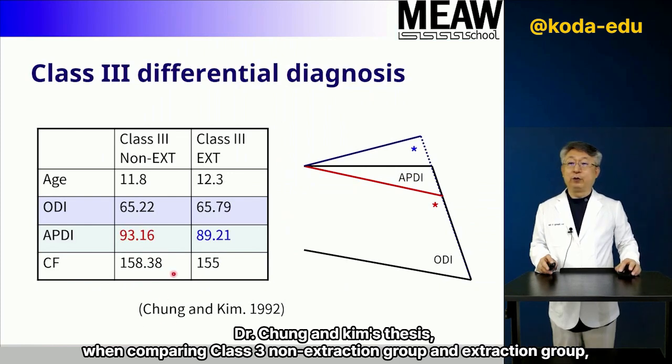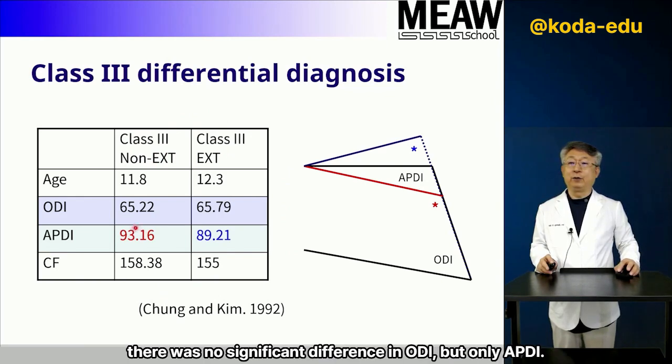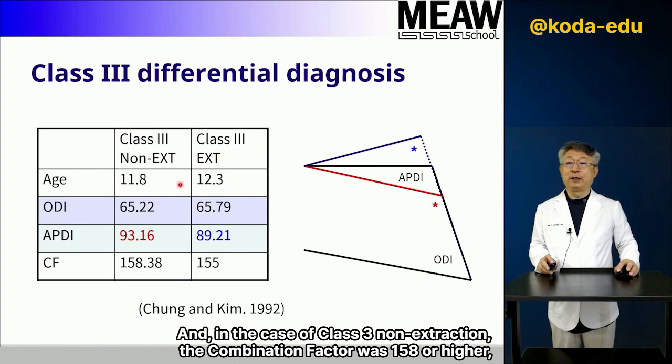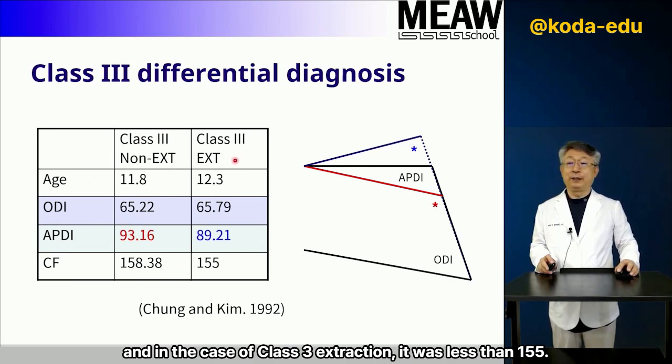In Dr. Chung and Kim's thesis, comparing the Class 3 non-extraction group and extraction group, there was no significant difference in ODI, but only in APDI. In the case of Class 3 non-extraction, the combination factor was 158 or higher, and in the case of Class 3 extraction, it was less than 155.